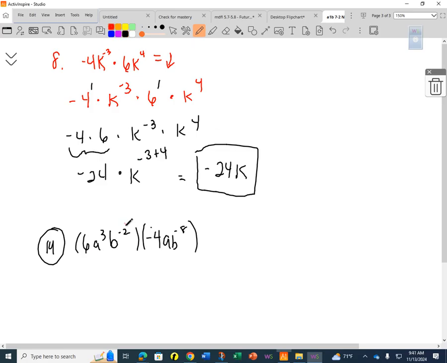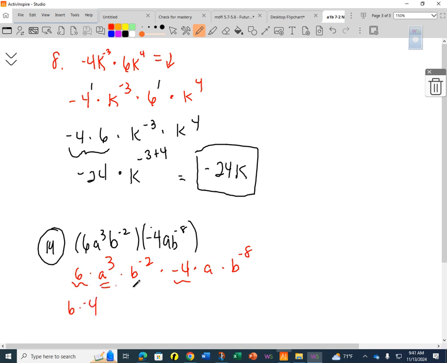But if we have this expression, 6a cubed times b to the -2nd power times -4a times b to the -8th power, remember, we can separate this out. And you may be able to do this in your head, and that's okay if you can. I just want to make sure everyone is clear. We do stuff in our head sometimes, but in essence, what we're doing is we're separating them and we're regrouping them. All right, so I'm going to put my coefficients together again.